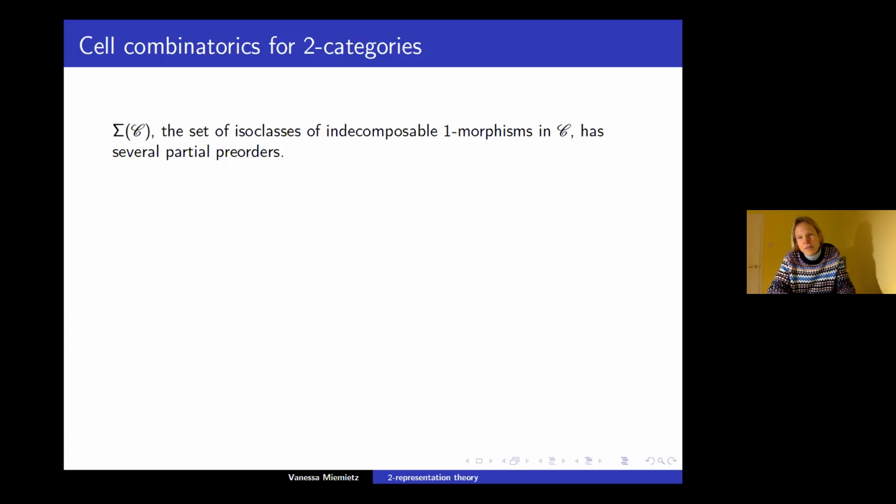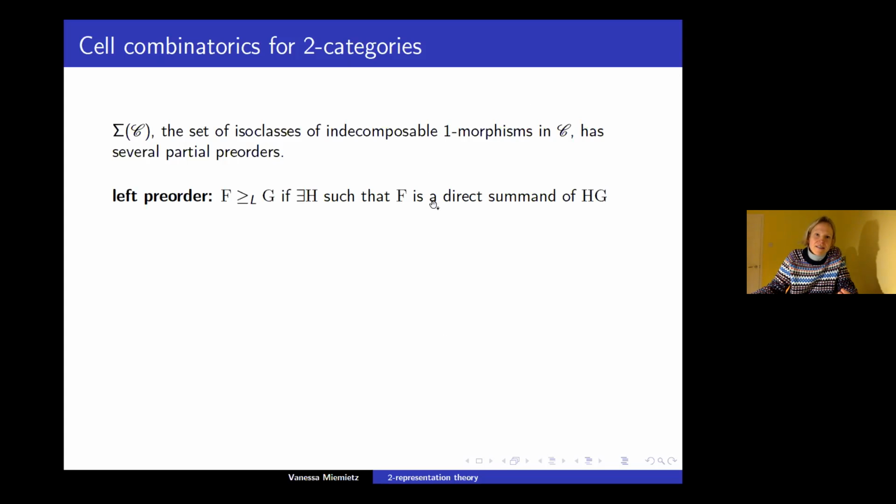So in representation theory, Lie theoretically inspired algebras are very often cellular. And so for two-categories, you always get some cell theory for free. So you look at the set of isomorphism classes of indecomposable one-morphisms, and then you can define various partial preorders on that.